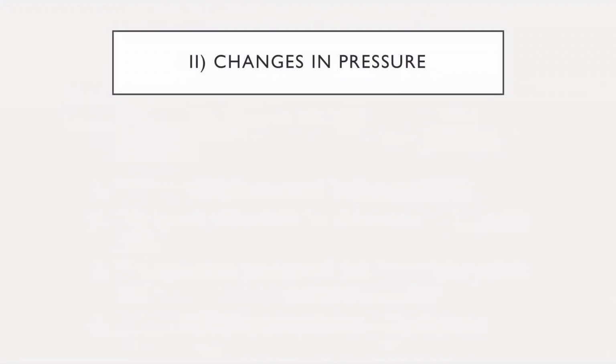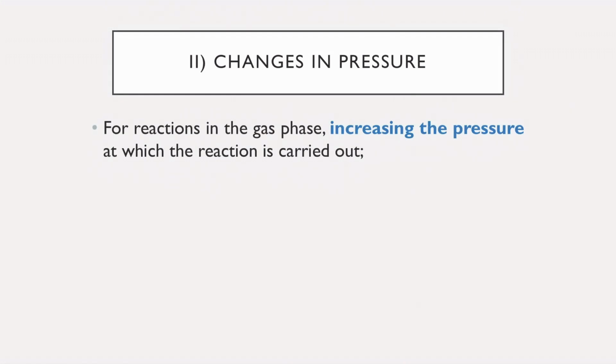Right. How does a change in pressure affect your equilibrium position? So, for reactions in the gas phase, a change in pressure is significant only for systems with gaseous components. So, if there are gases, then there can be a change in pressure. So, if you increase the pressure at which the reaction is carried out, what will happen?